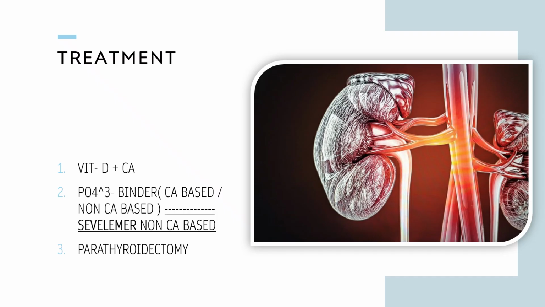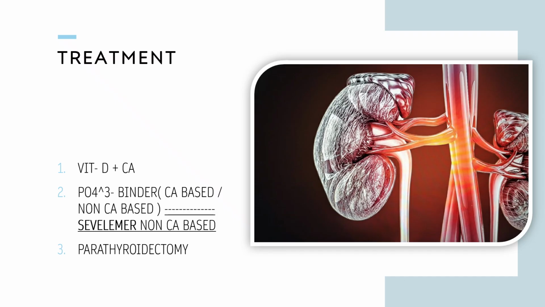So why this treatment? Because vitamin D and calcium is the treatment when calcium and phosphate levels are reduced and vitamin D is reduced, so we are giving vitamin D and calcium supplements. But when we give an excess amount of vitamin D and calcium, this will cause adynamic bone disease. And in some cases we see calcium is reduced but phosphate is high, so in this case we give phosphate binders so that we can control the excess phosphate.